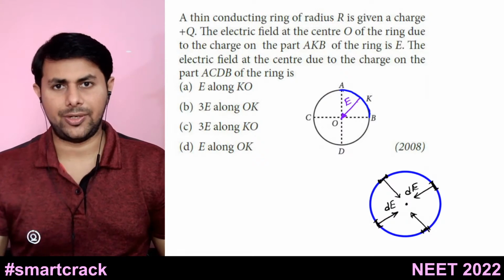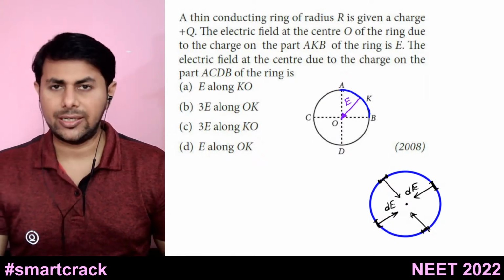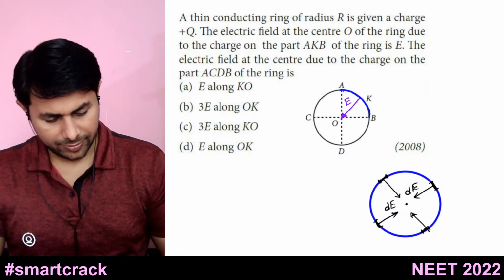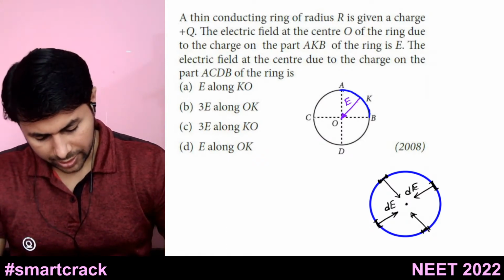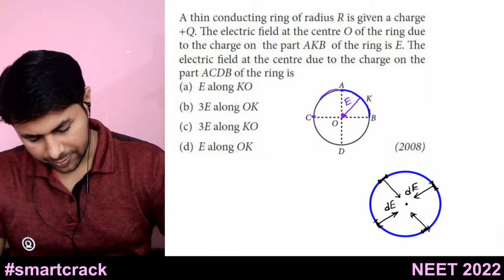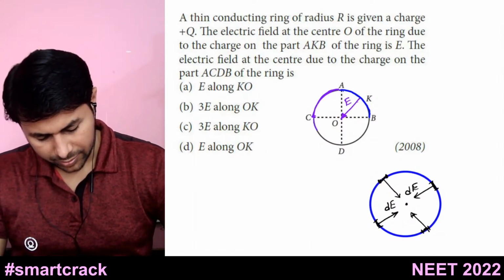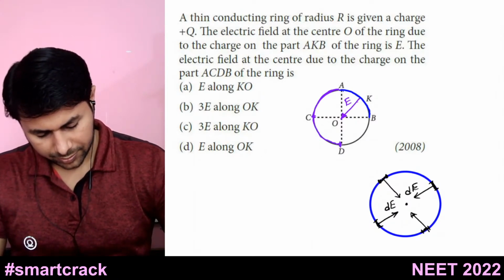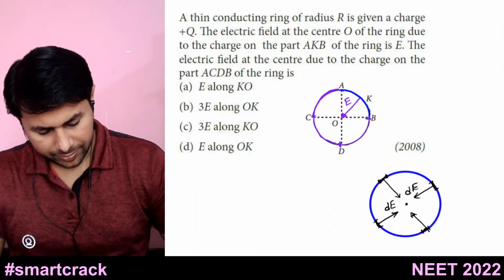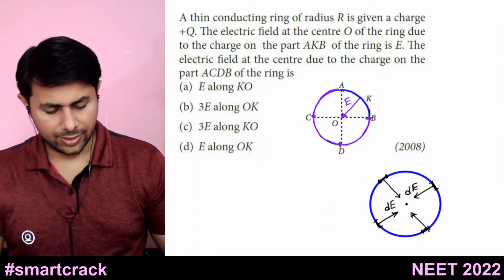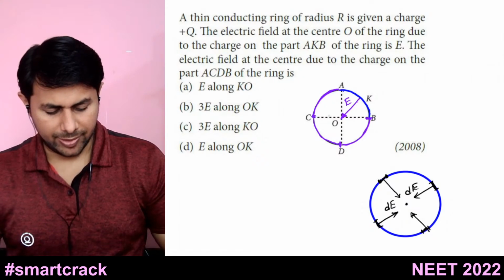So what will happen ideally is, this section we can break in 3 parts. I will use this color, from A to C. Then there will be a part from C to D, and there will be a part from D to B. So there will be some electric field due to these 3 parts, let's say.